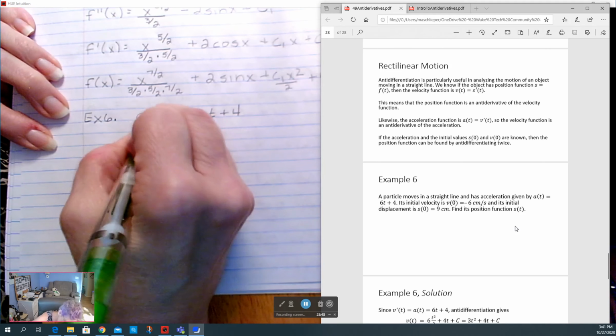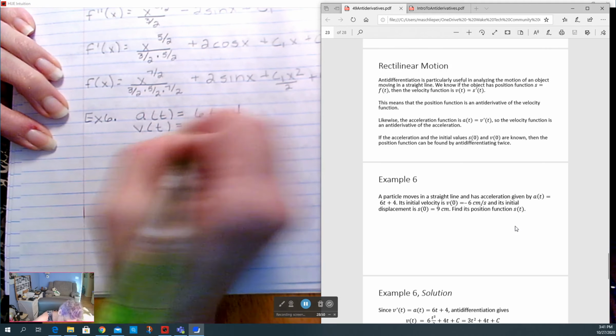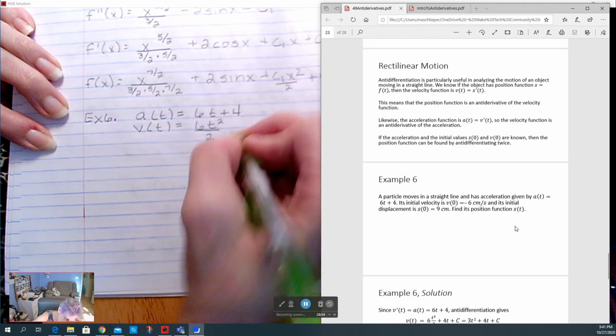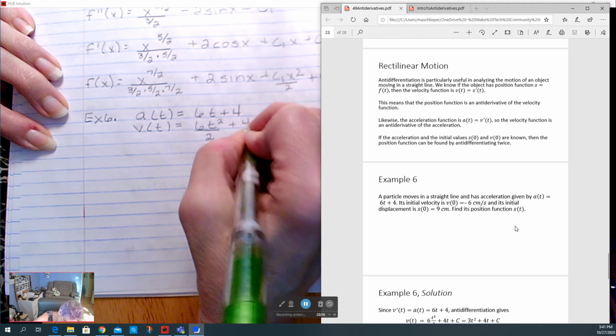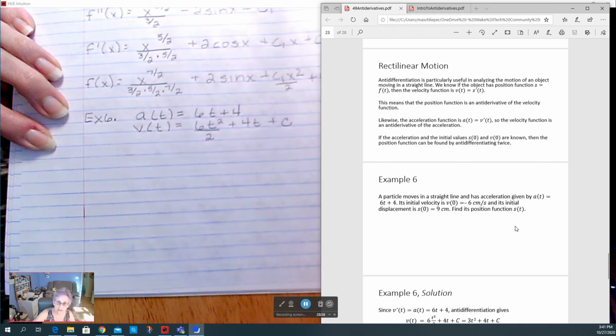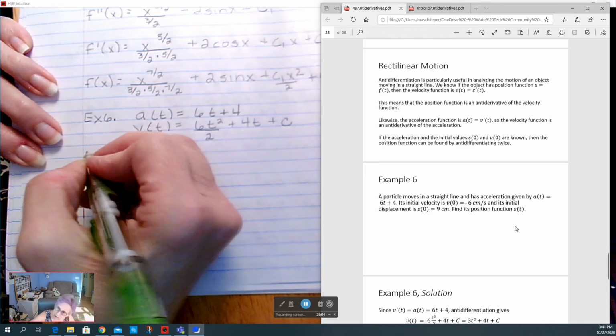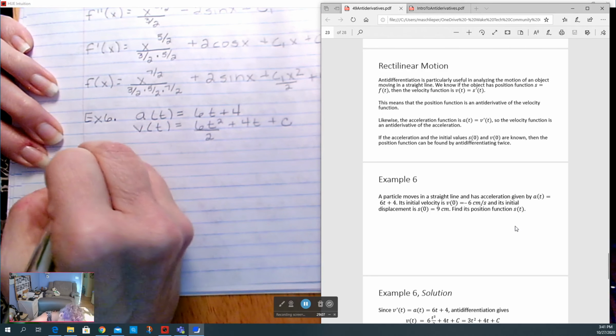That means my general function for velocity would be add 1, divide, plus a constant. I also know that the initial velocity is negative 6 centimeters per second.